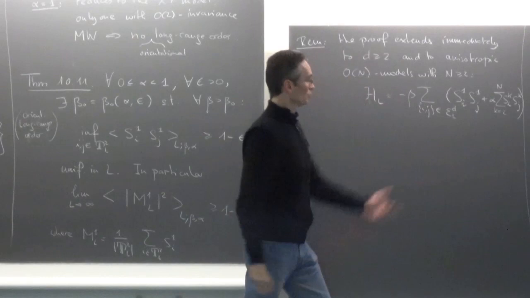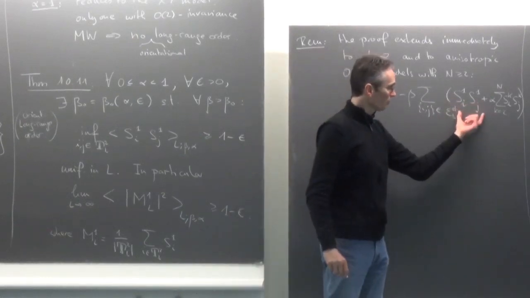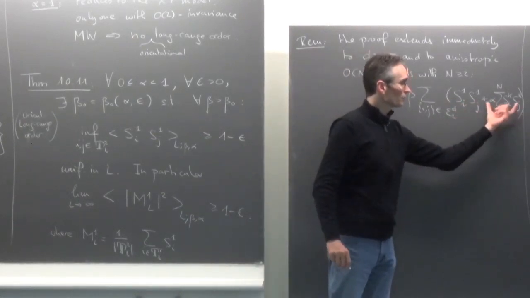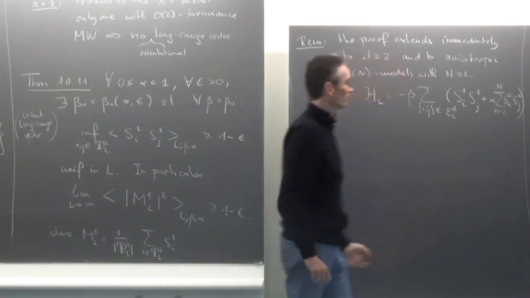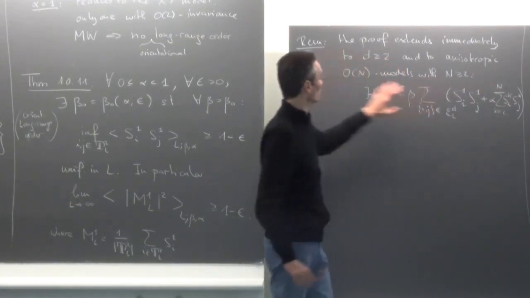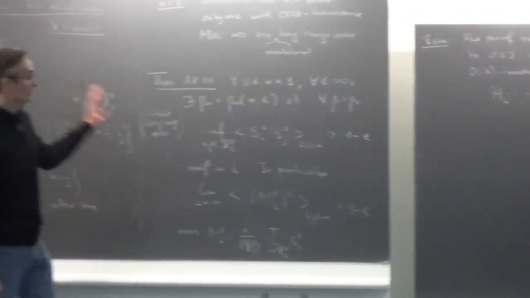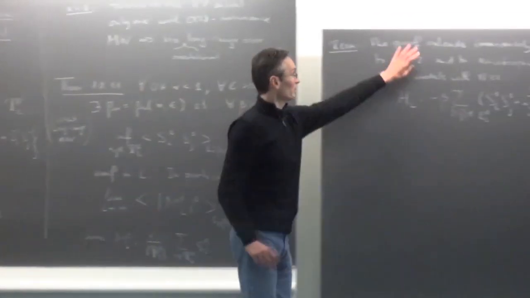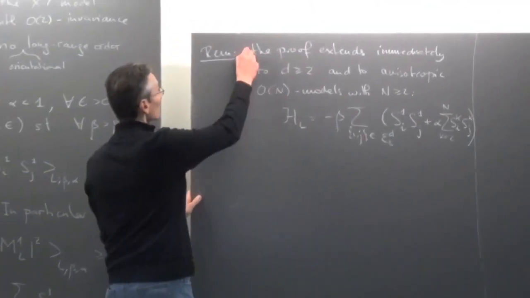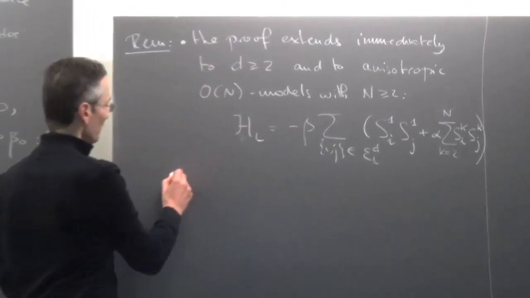Right? So you favor the first component, and all the other ones interact in a weaker way than the first component. So for this version of the anisotropic O(n) model, everything I'm saying here remains true and the proof is identical. Okay, also in higher dimension. So that's the first remark I wanted to make.